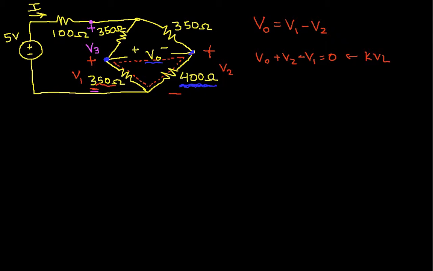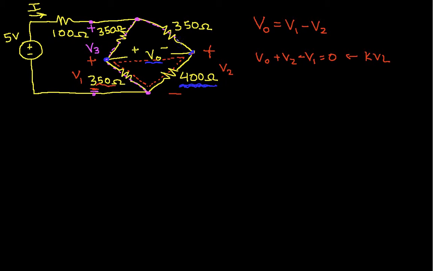If I knew that voltage, then I have actually two voltage dividers. I have this 350 ohm resistor in series with this 350 ohm resistor. And so again, if I knew V3, I could use the voltage divider with these two resistors to get V1.